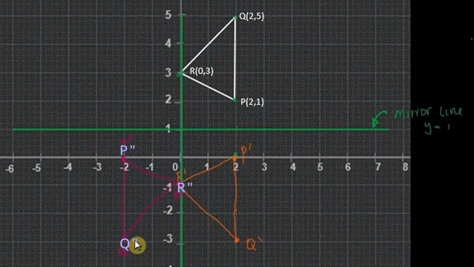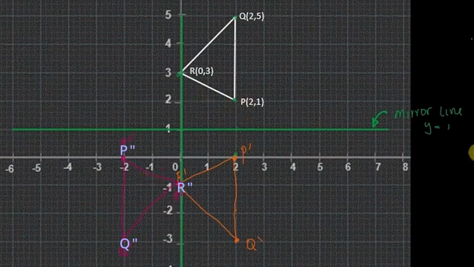So we're now to describe fully the single transformation that maps this triangle in red onto the original triangle. So let's be clear what we're trying to do. We are going to describe a single transformation that maps this triangle in red to this triangle in white, the original triangle.